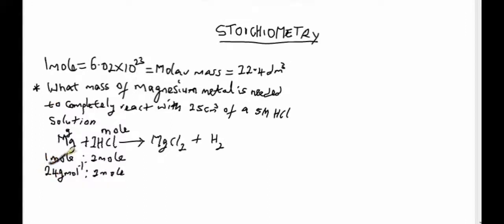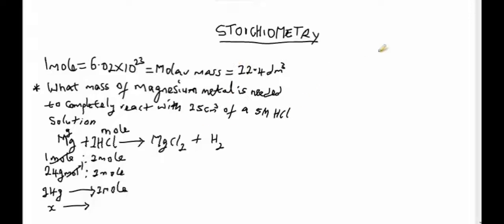So we cancel mole, and it becomes 24 grams of magnesium reacting with 2 moles of the acid, according to the equation. Now we'll bring in the question. What is the question? The question asks for the mass of magnesium metal needed to completely react with this.